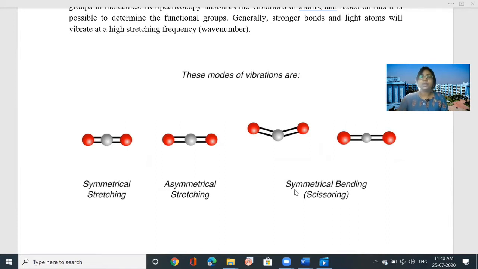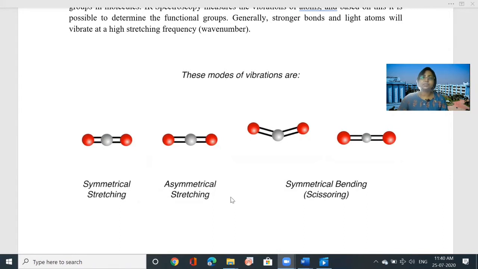Similarly, carbon has an oxygen on one side and another oxygen on the other side. So basically its dipole moment looks like 0. But actually it has different types of bending and stretching. It may be asymmetrical stretching or symmetrical stretching.